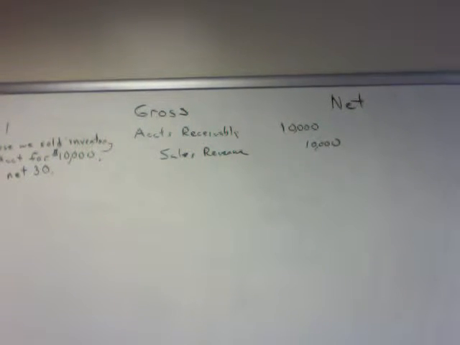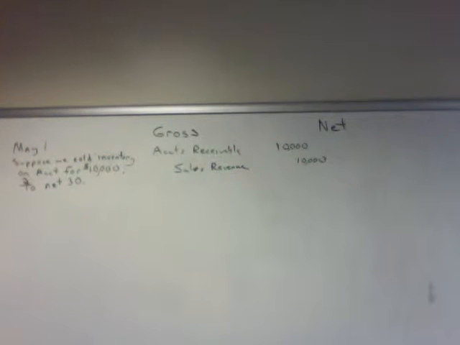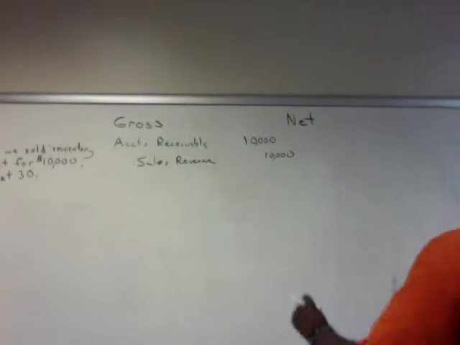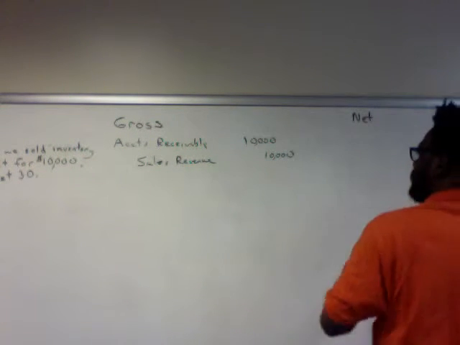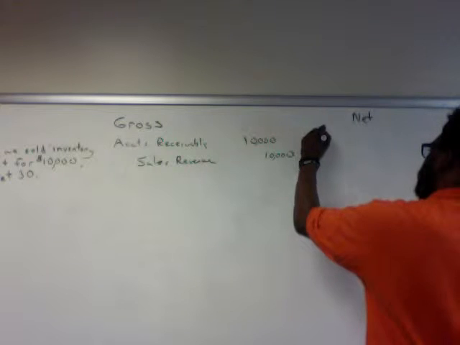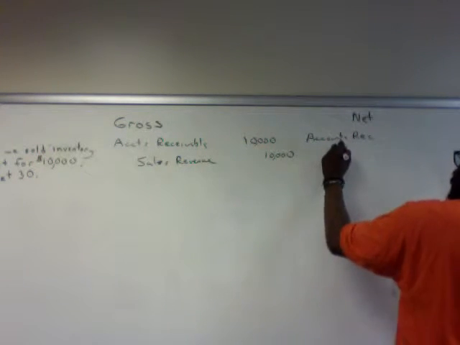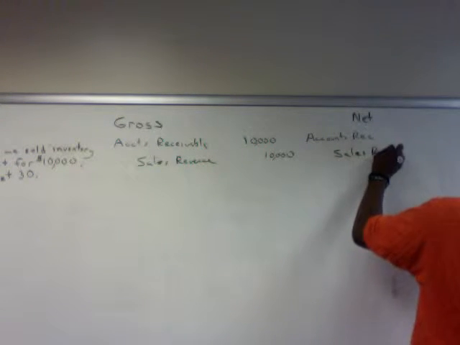Now, in contrast to that, if we had to take that same transaction and use the net method, how would that affect the journal entry? How would the journal entry be affected? So, under the net method, we still would debit accounts receivable, and we still would credit sales revenue, but our amounts would differ, right?